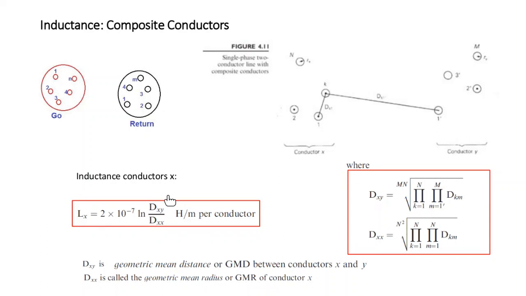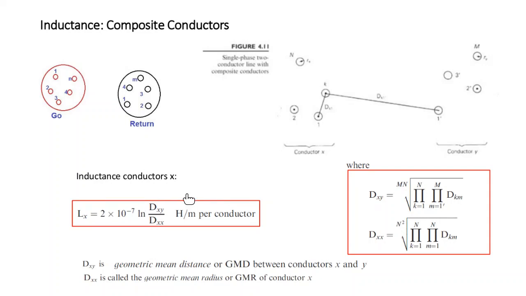Here, the distance between X and Y, between each one to Y, between 1 to 1 prime, 2 to 2 prime, 3 to 3 prime, and so on. So we can make it like this, D_xy, a multiplication, K from 1 to N for each conductor. We multiply by the distance between each conductor and X. So we call it D_xy instead of just D.